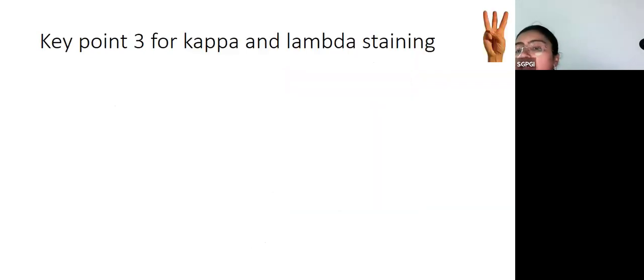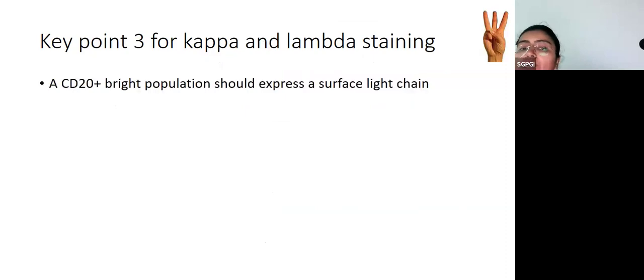However, what I want to say here, and I've already talked about polyclonal reagent, is that if you have a CD20 bright positive B cell, it should express a light chain. It may be clonal, maybe not clonal, but it should have a light chain expression. So it should either express kappa or lambda, so that you get a mixture of both in normal, or you get a monoclonal population if it is abnormal.